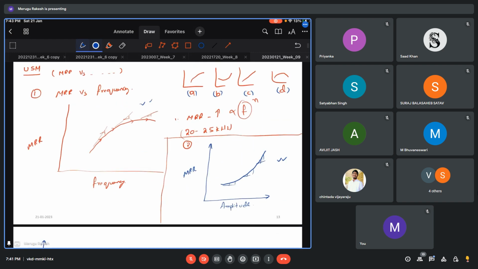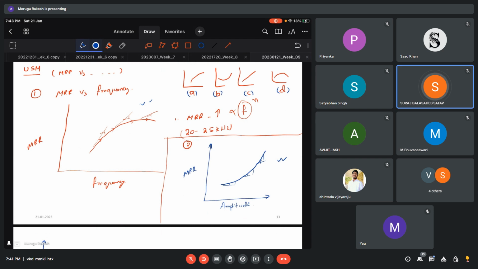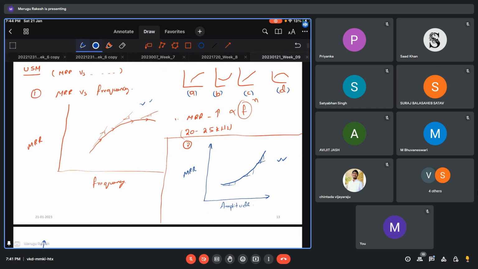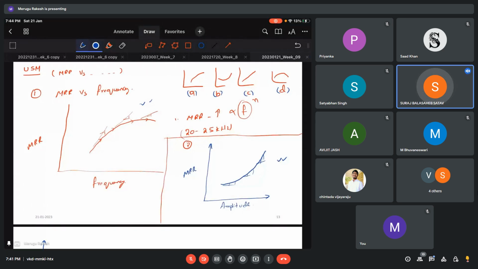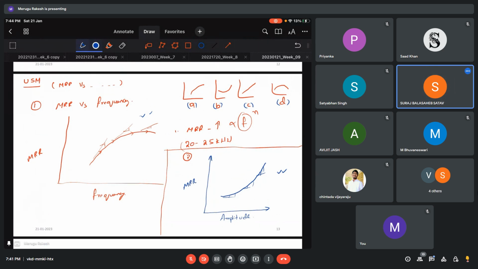A, B, C, D. Any reason why it continuously increases? Because as the size of the particle increases, it will impact on a larger surface. Okay.